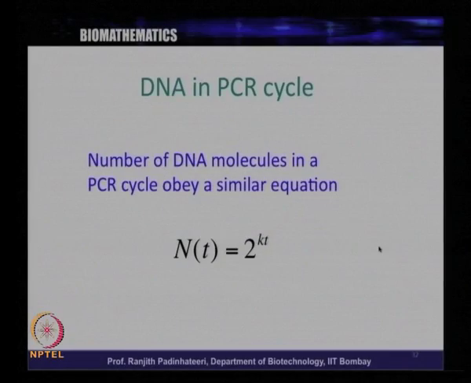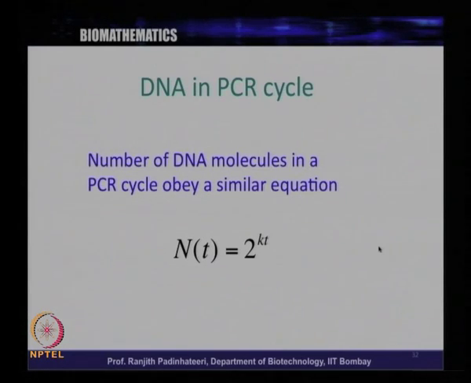We will come and discuss this in great detail later, but here as a first part of this lecture where we discuss functions, I just want to tell you that the function 2 power x is useful in biology and we should understand this later. Another example of 2 power x, as you can see here, is DNA in the PCR cycle. You all know what PCR is.